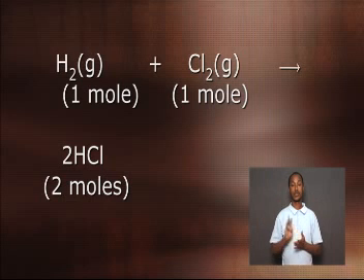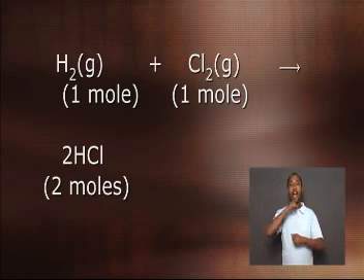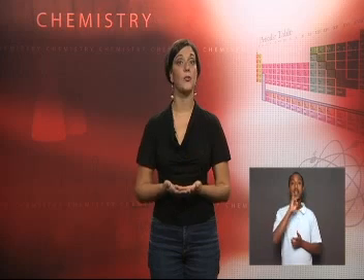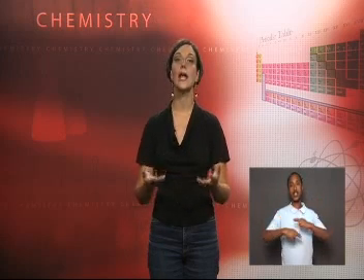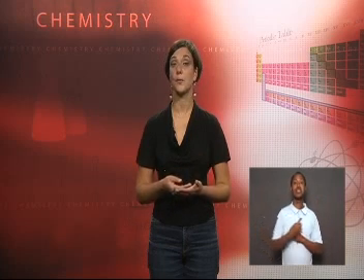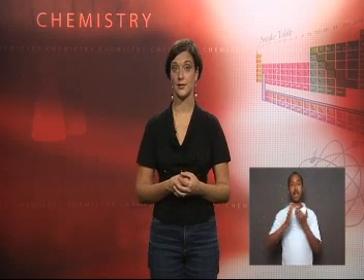We would still get 2 moles of hydrogen chloride, but we would also be left with 1/2 mole of unreacted chlorine. When there is too much of a reactant in a chemical reaction, we are left with some of it after the products have been formed.